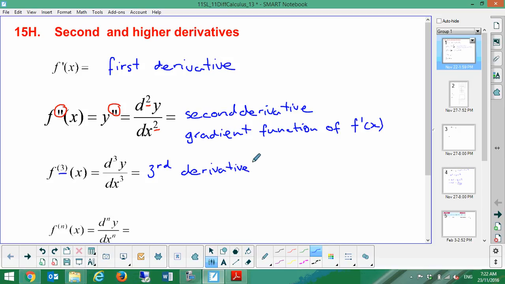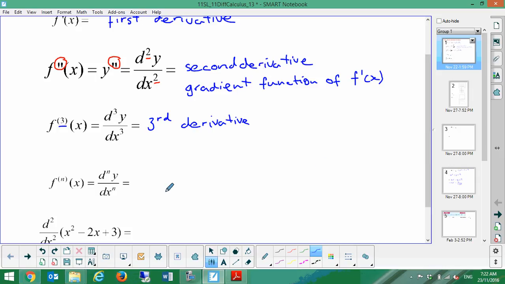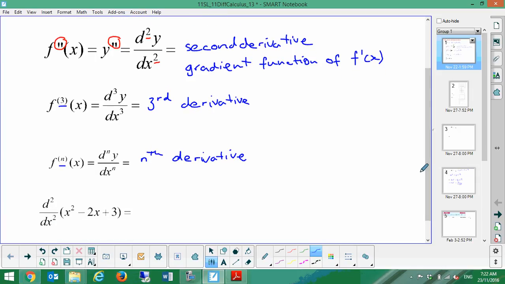We could take the fourth derivative, the fifth derivative, etc., until we can talk about a general form as the nth derivative. dny dx to the n. So this is the nth derivative.